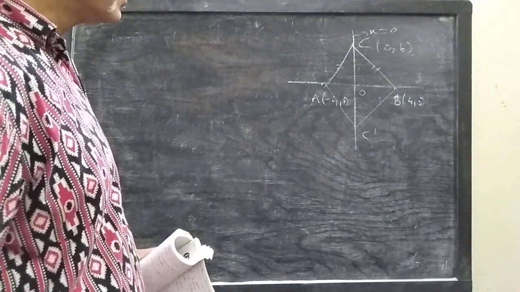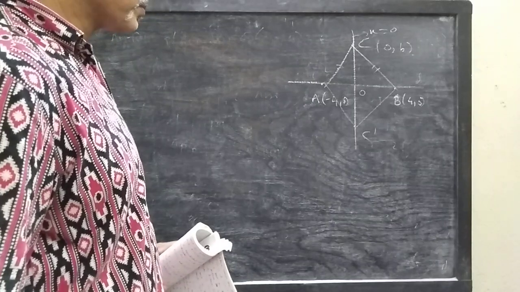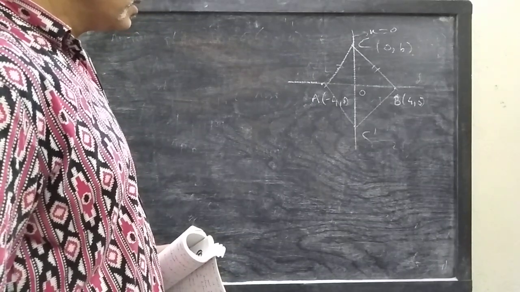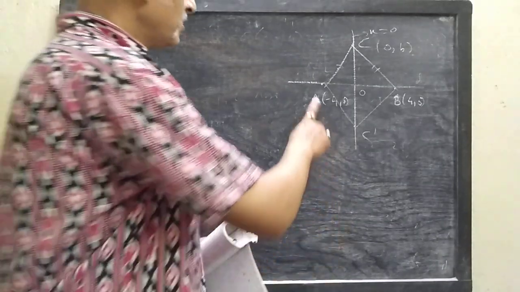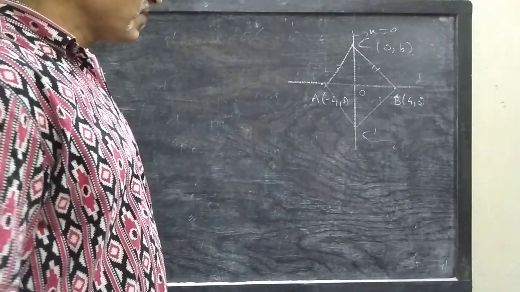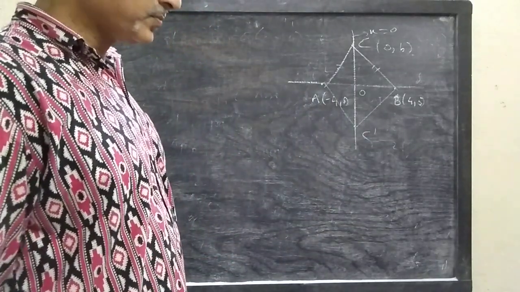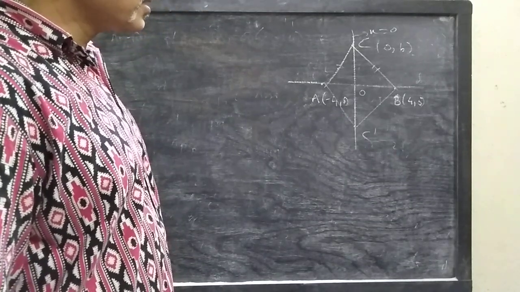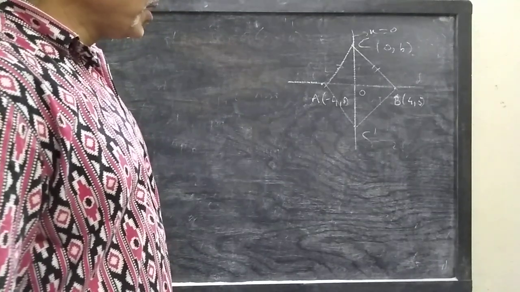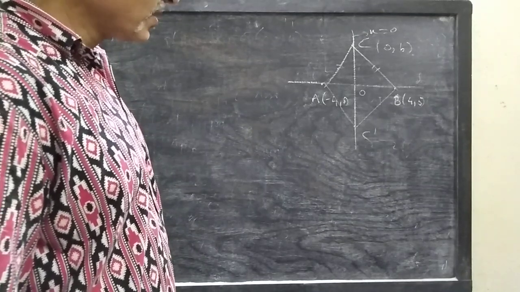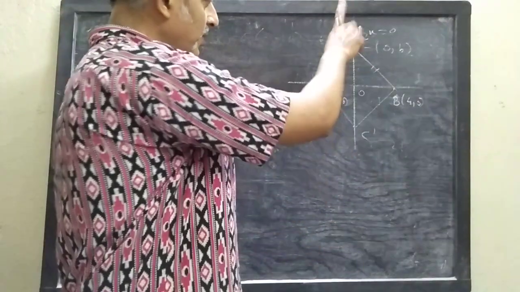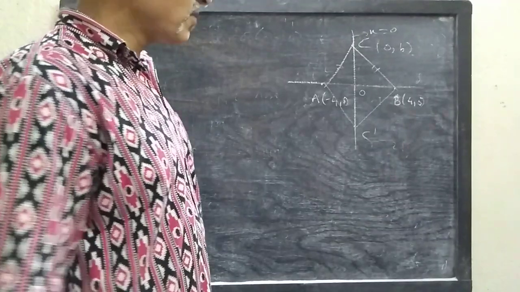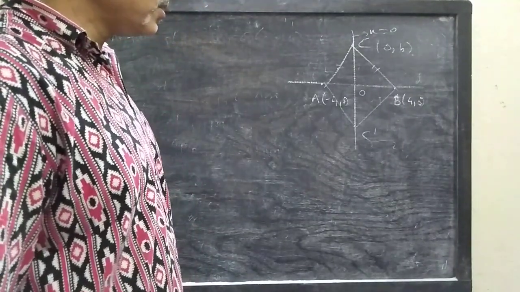write down, let the given two vertices be A minus 4, 0 and B 4 comma 0. Then write the third vertex should lie on the perpendicular bisector of the line segment AB, and it is obvious that the perpendicular bisector of AB is the y-axis, whose equation is x equals 0.